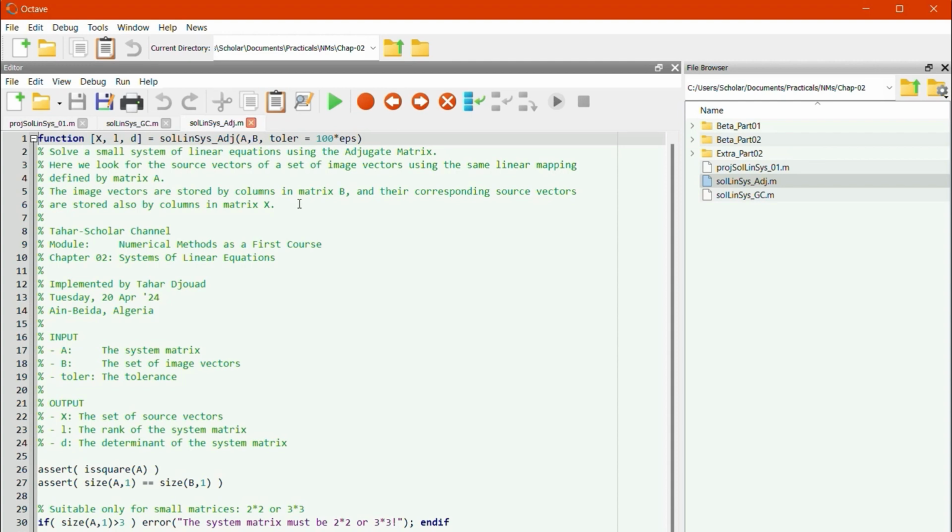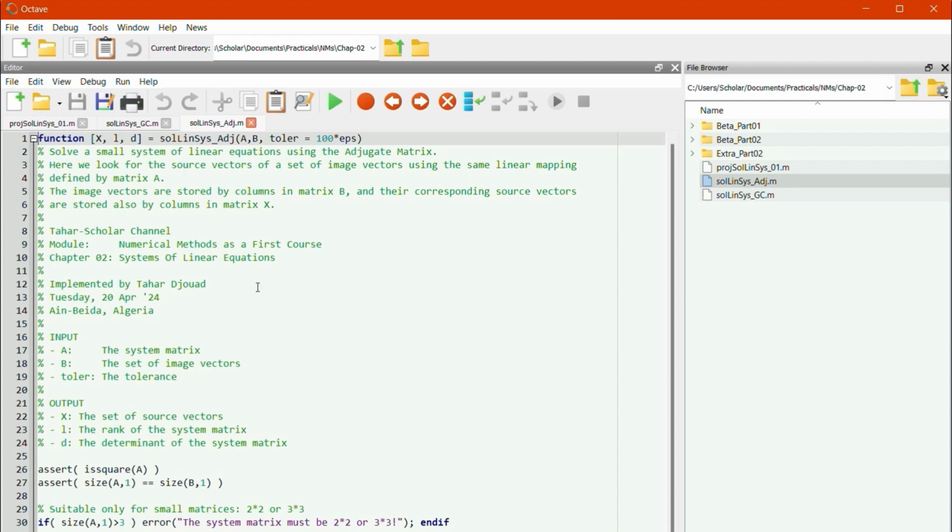Tahar Scholar Channel, Module Numerical Methods as a first course, Chapter 2, Systems of Linear Equations, implemented by Tahar Jouad, Tuesday, the 20th April 2024, Ain Baida, Algeria. And the input A, B, tolerance, and output X.